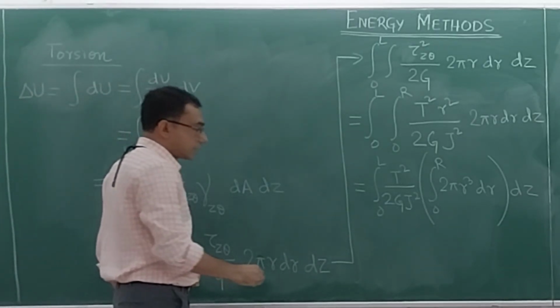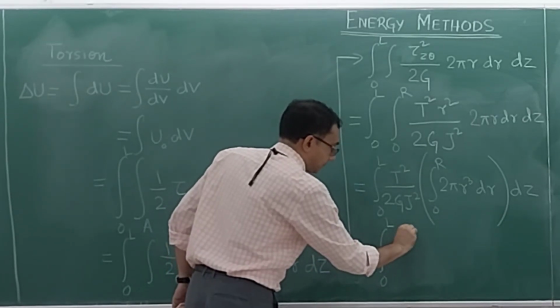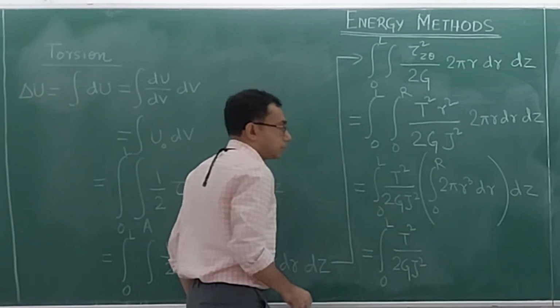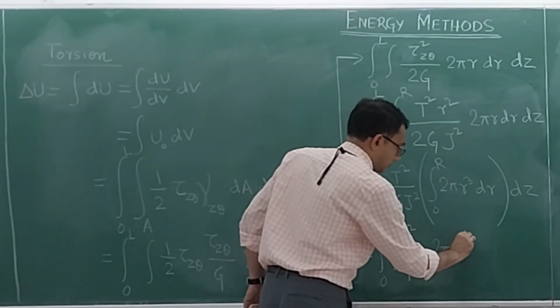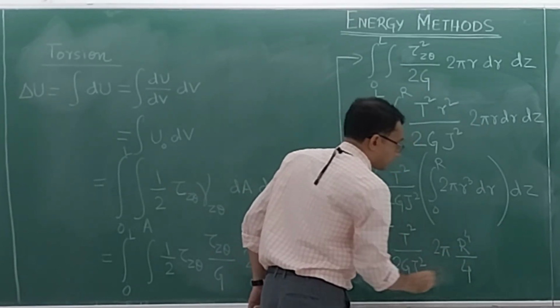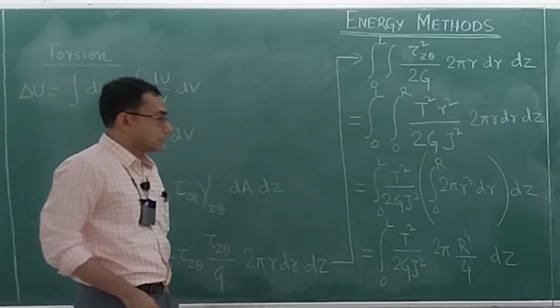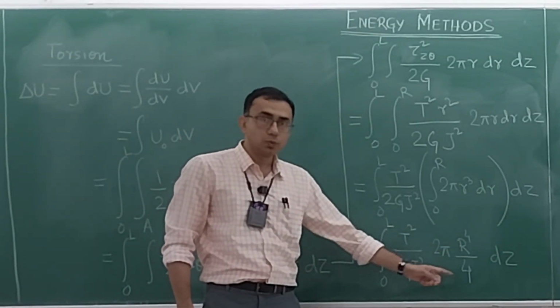So we just have to finish up this integration. So you see what this is? This is basically pi r to the power 4 by 2.